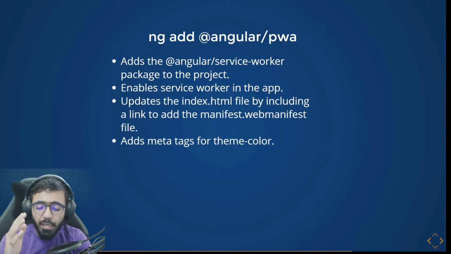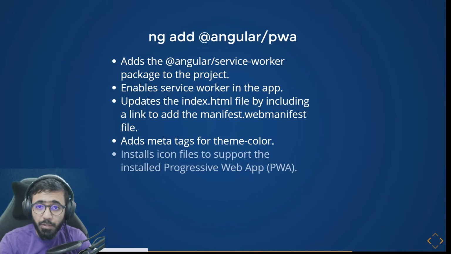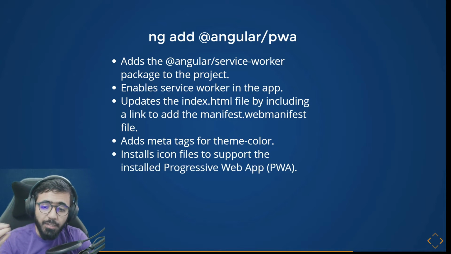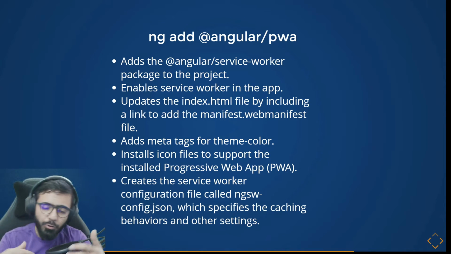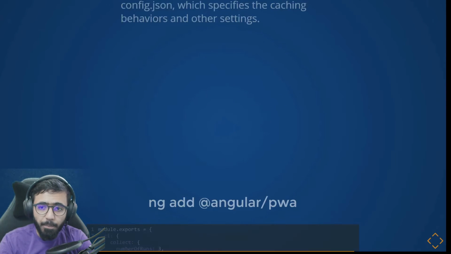Using this, you can style the title bars or the status bar in mobile phones. So this helps with that. And it also installs the icon files to support the PWA. It also creates the service worker configuration files for Angular to analyze which resources it needs to cache, so I don't have to fetch them every time someone opens the application.